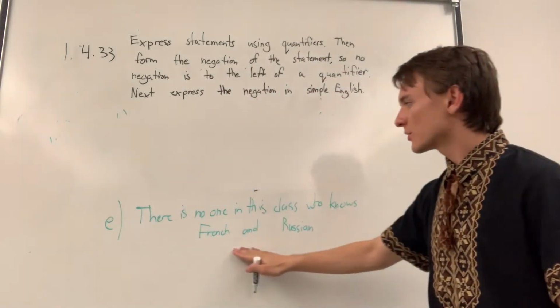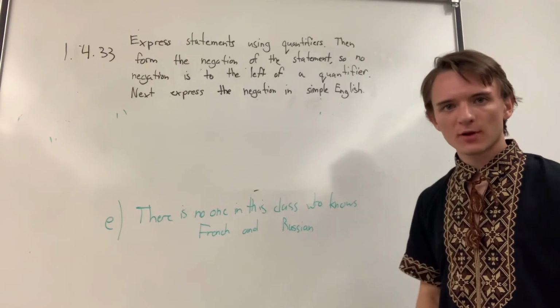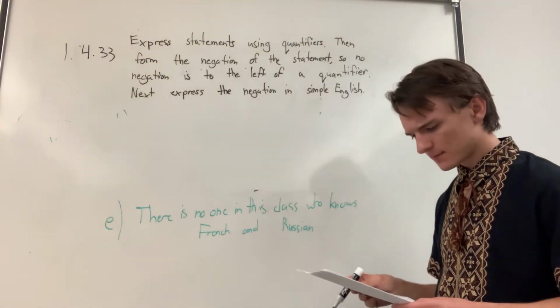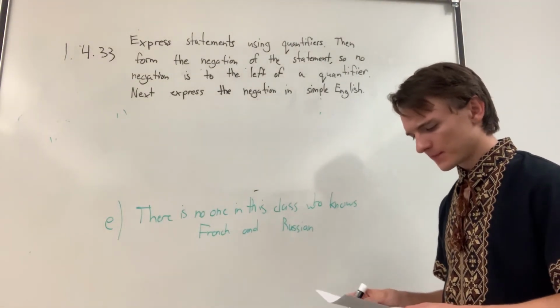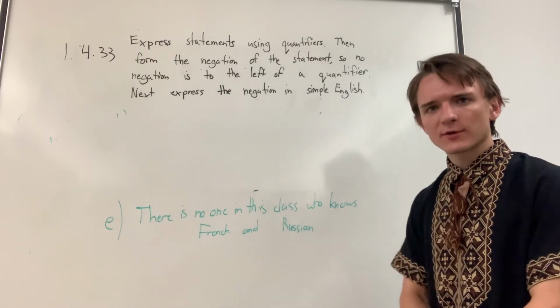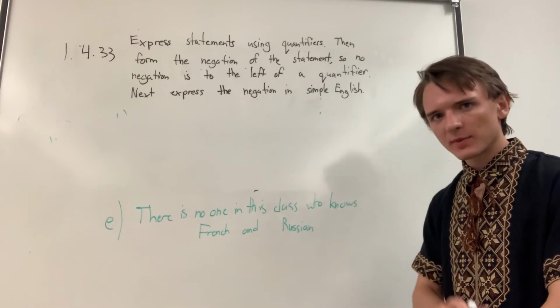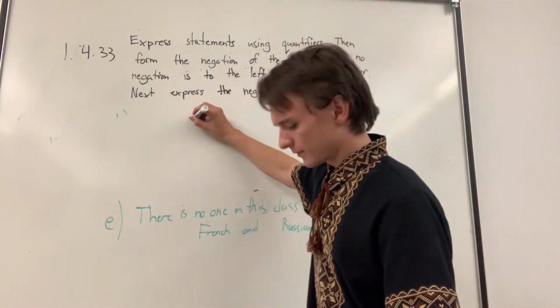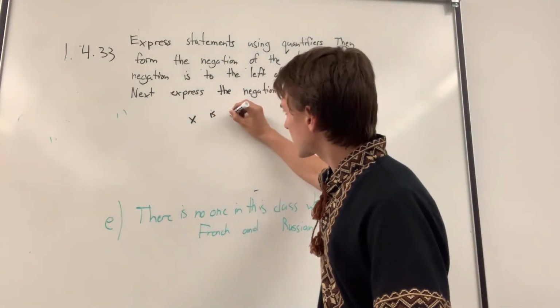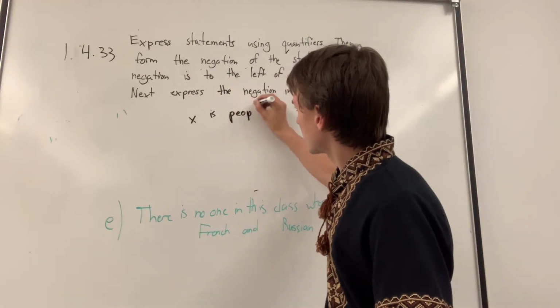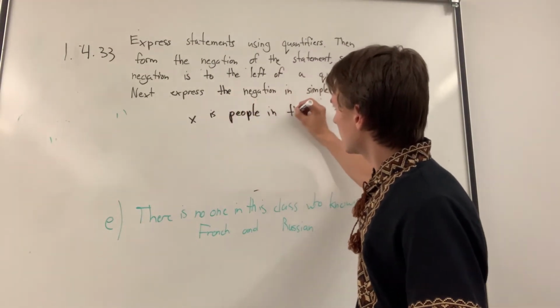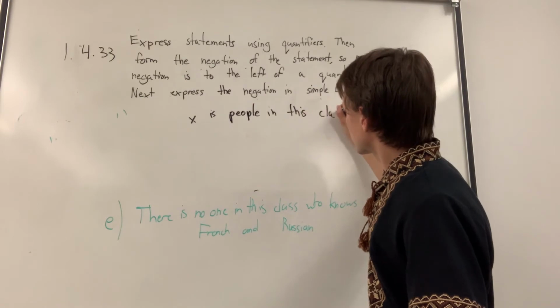Part E, there is no one in this class who knows French and Russian. Okay, so for this one, we might even need two predicates, but we begin with the domain. X is people in this class.